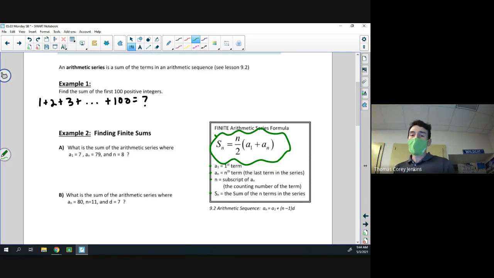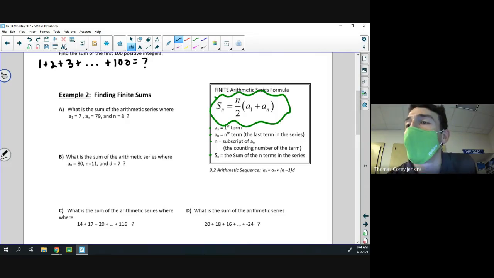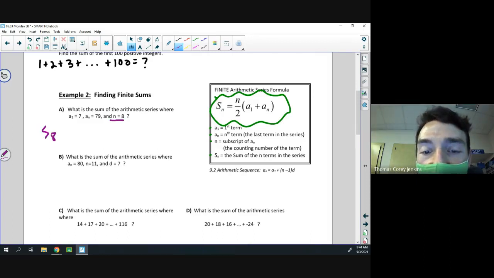Let's do the easiest example first, which is A, where they give us everything we need. Looking at that formula I just highlighted, I'm going to plug in the values they give me. If n equals 8, then we're finding S sub 8, the sum of the first 8 terms of this series.